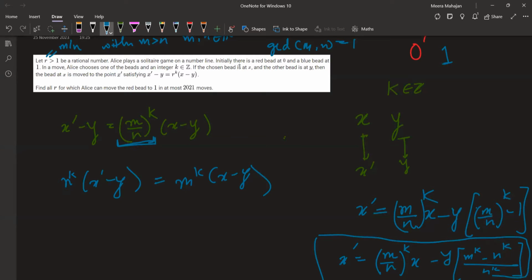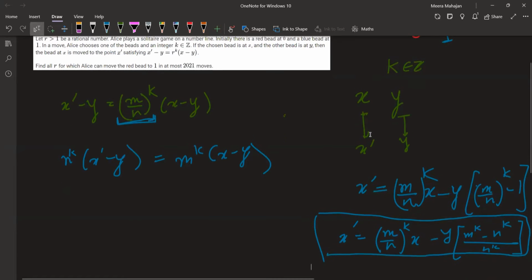So, can you think of something? The thing is you have to somehow relate x prime and x. Can you think of any information that would relate x prime and x, that would leave k out and leave y only in terms of x prime and something in terms of m and n?